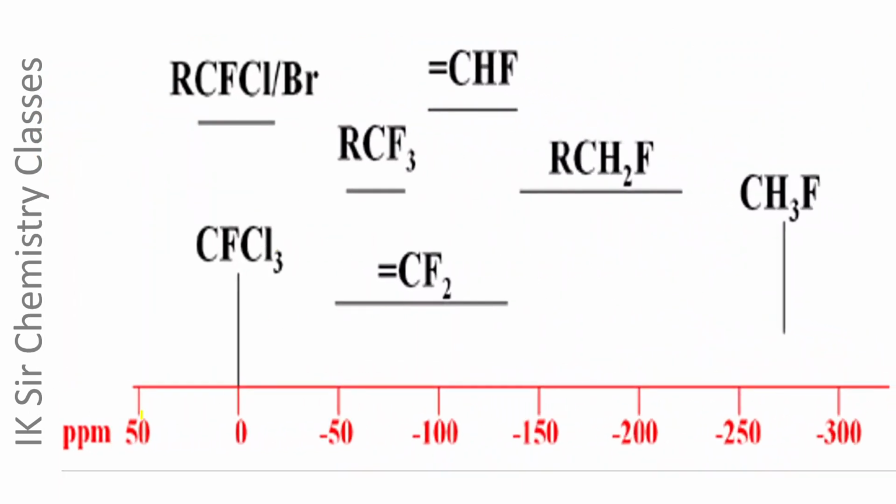The chemical shift of CFCl3 is equal to 0, and the chemical shifts of some other organic compounds containing fluorine are given here. The chemical shift of CH3F is about minus 270 ppm.